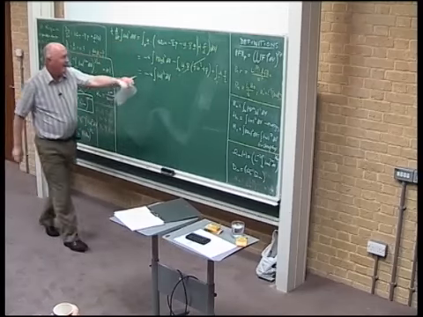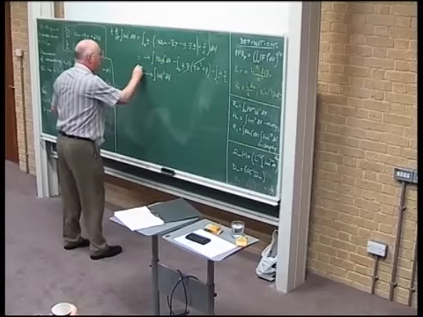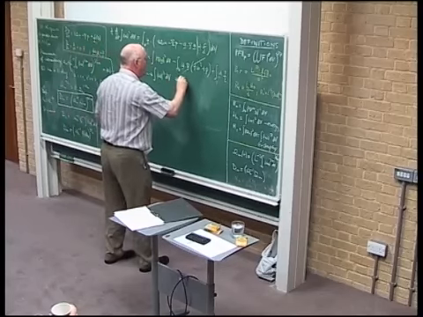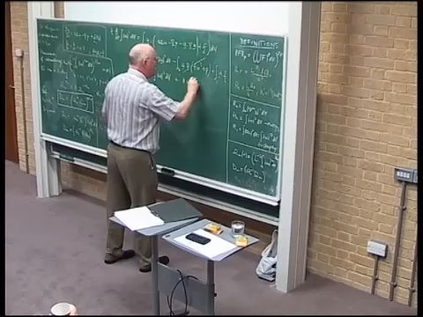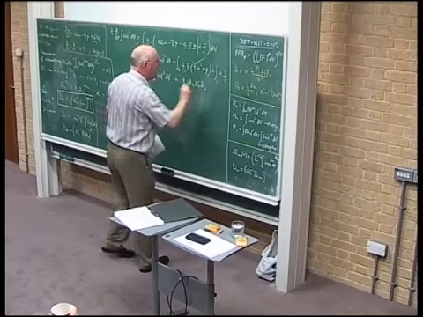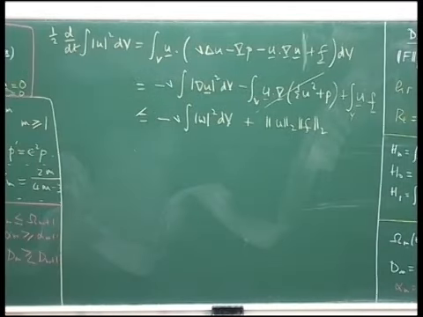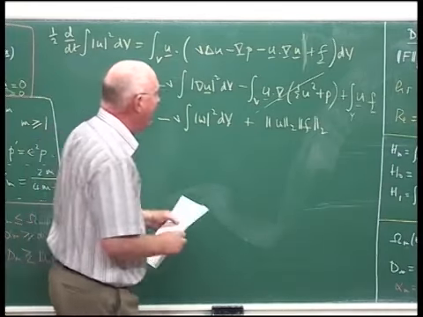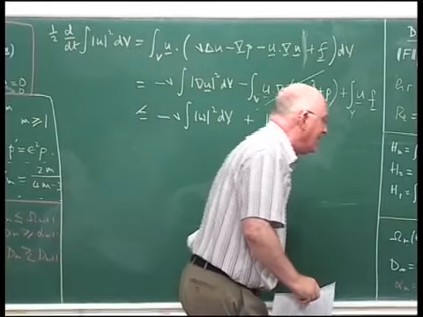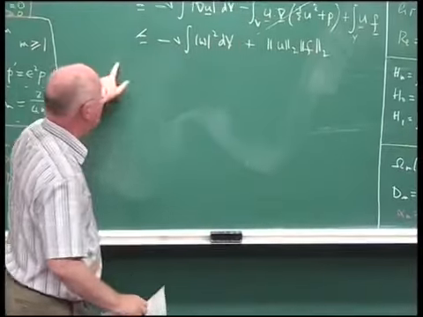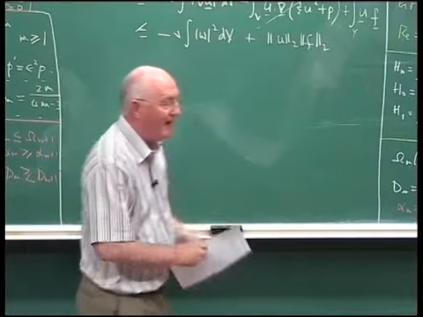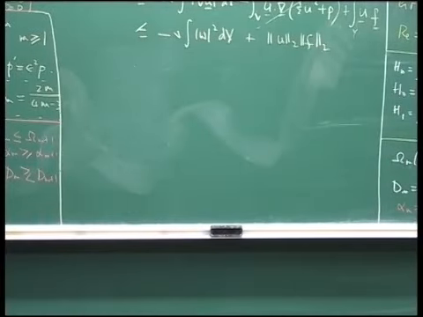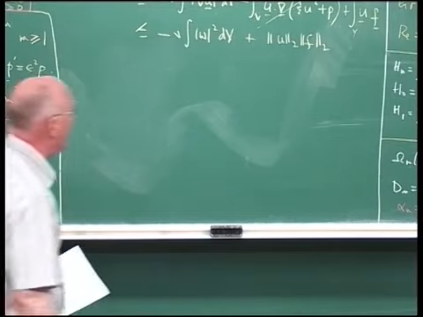And this thing we can break up and write by Holder's inequality, a half and a half. Okay, so now we've got something reasonable. This is not Cauchy inequality? Yes, it is. Yes, indeed.